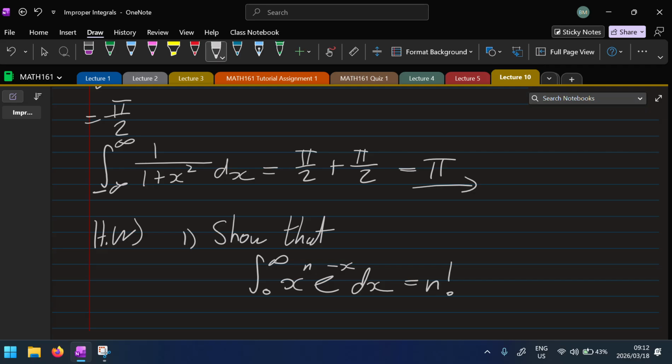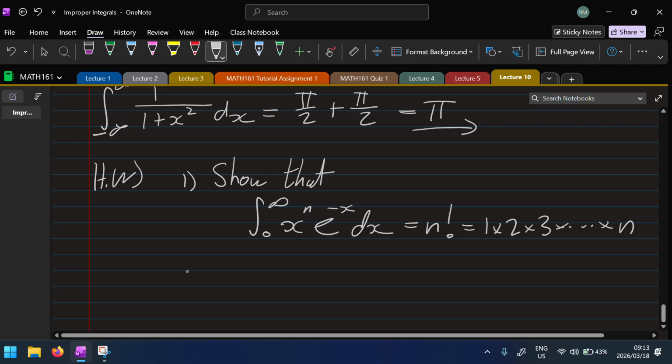Everyone remember the factorial? 1 times 2 times 3 times 4 all the way up to n. Show that. You're going to have to use some integration by parts with this. We've got a polynomial, so there'll be u, e to the minus x is dv, everything else. A little bit of L'Hopital's rule, you get your answer.